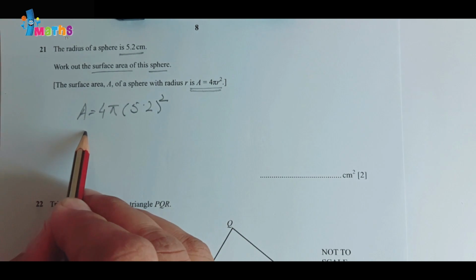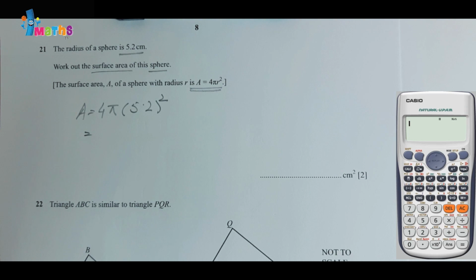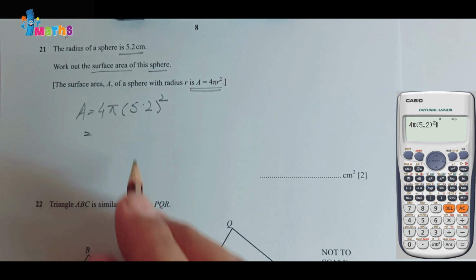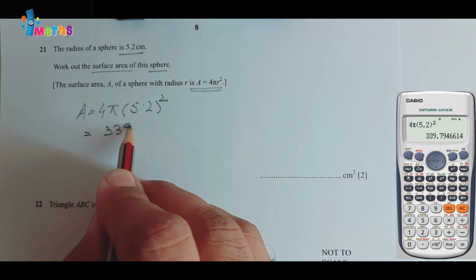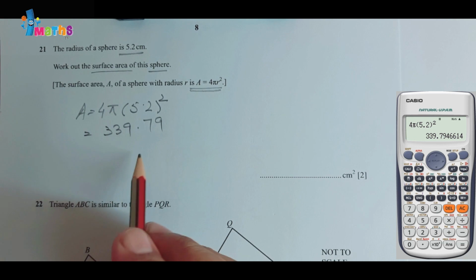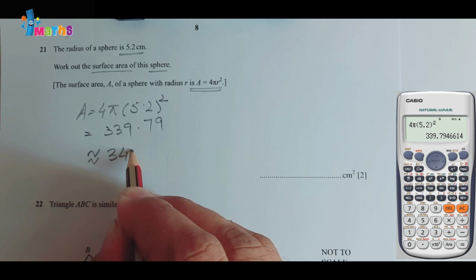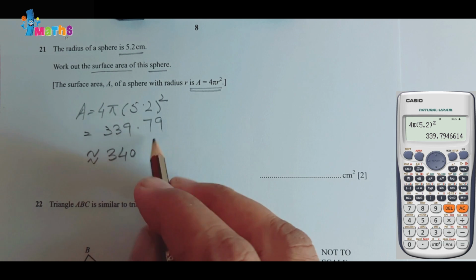We'll use the calculator: 4 pi into 5.2 squared is equal to 339.79, which is approximately 340.